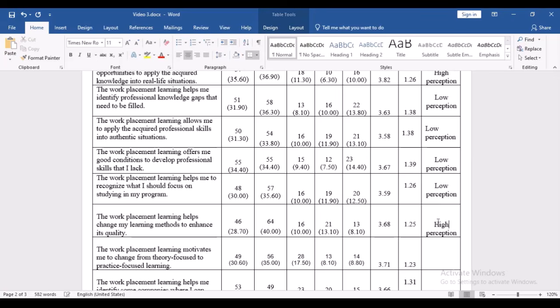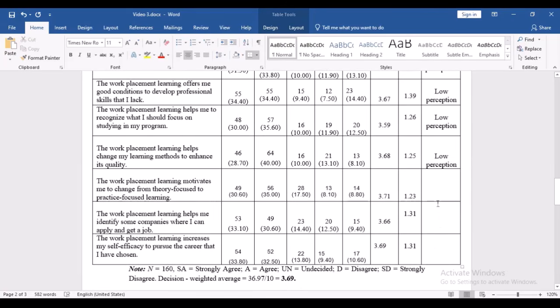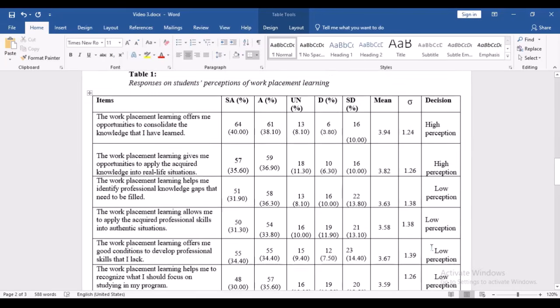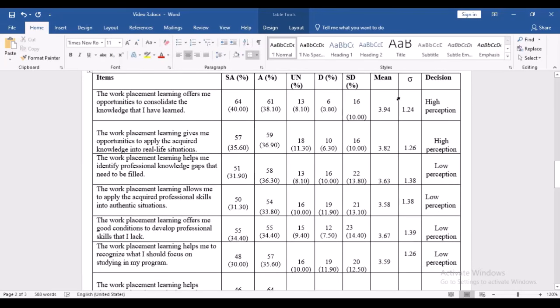Okay, here is 3.71, so this is a high perception. This is 3.66, that is lower than 3.69, so this is low perception here. And this is exactly 3.69, so it's exactly the same as the value of the weighted average. So this is high perception.